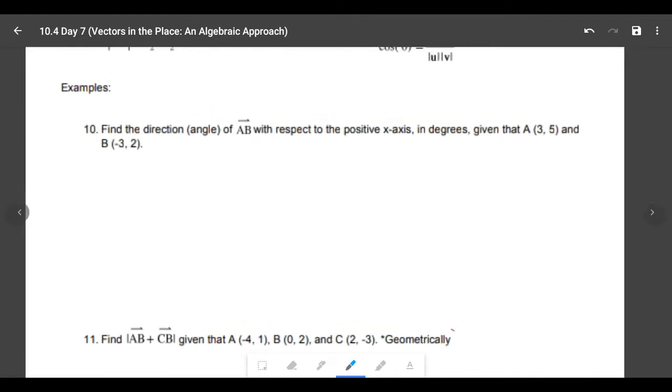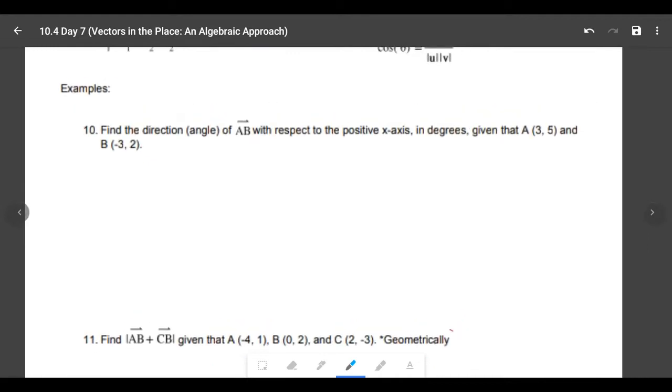Well, let's see. For this first example, it's telling us to find the direction or the angle of vector AB with respect to the positive x-axis in degrees, given that A is the point (3, 5) and B is the point (-3, 2). Okay, so let me go ahead and just start with drawing in a set of axes.